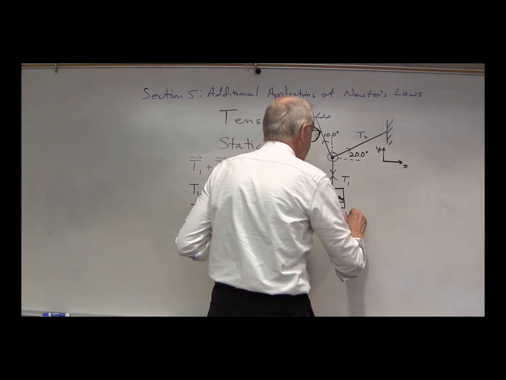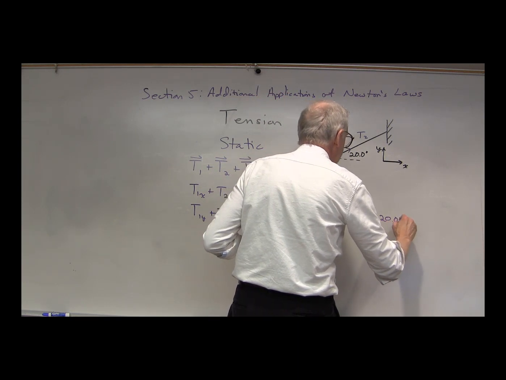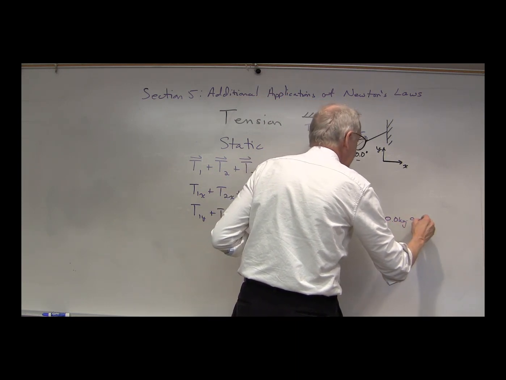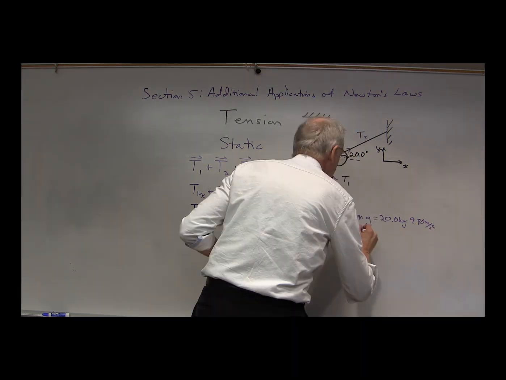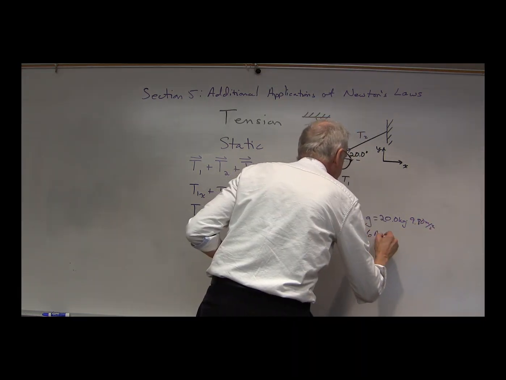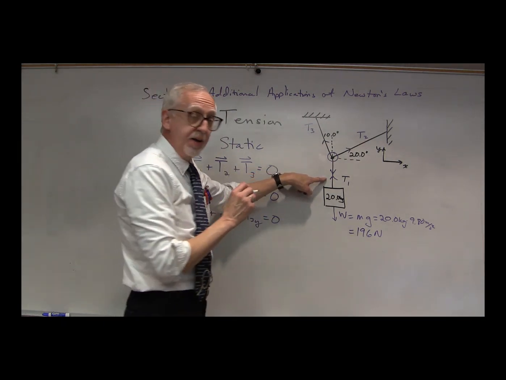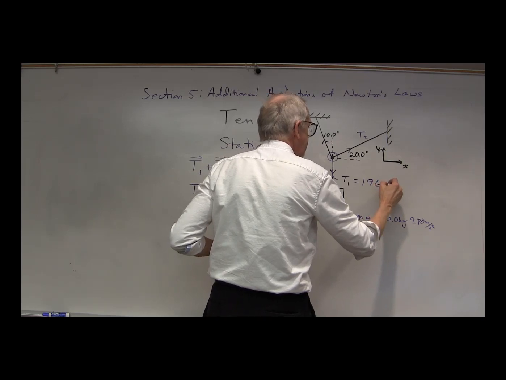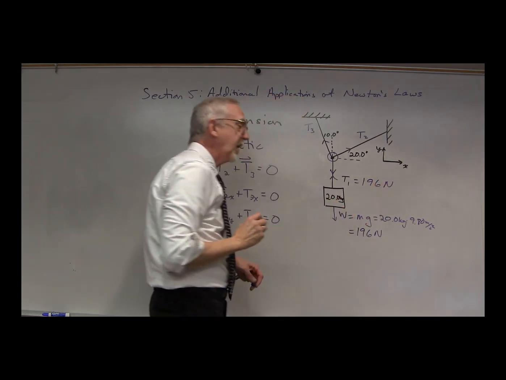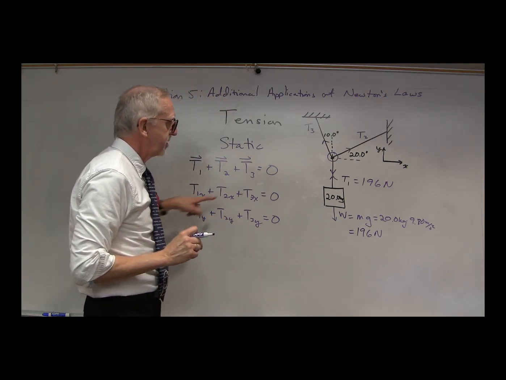And we know the weight is mg, or 20 kilograms times 9.80 meters per second squared, which is 196 newtons. Which tells us that T1 must be equal to 196 newtons.